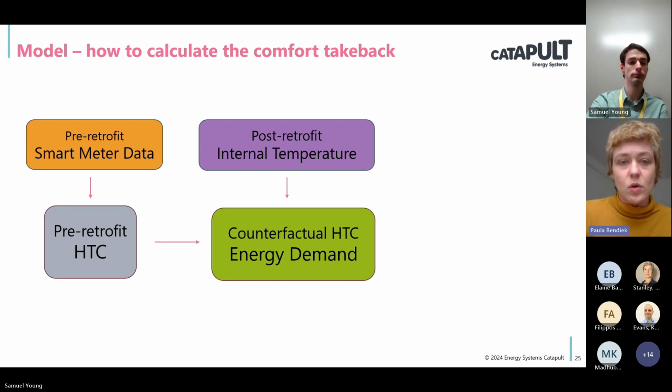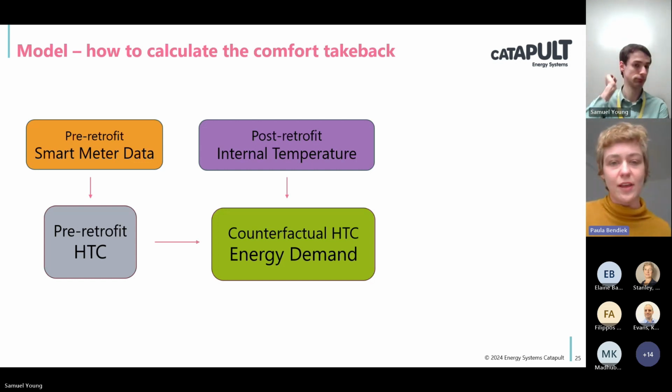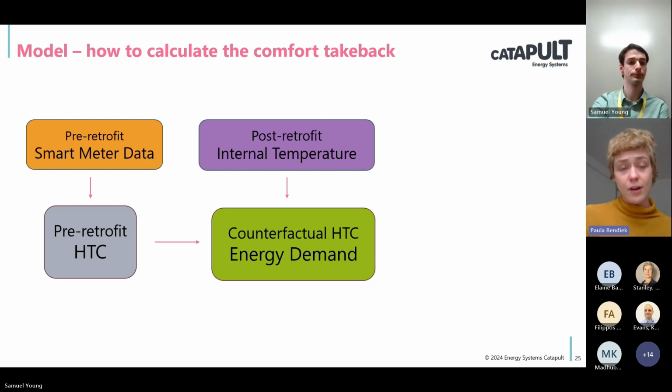And here's how we calculate the counterfactual energy demand for the physics-based methodology. First, we calculate the pre-retrofit HTC for each house only from smart meter data. The HTC is the heat transfer coefficient, which is a thermal assessment of the house. And then I use that HTC and the post-retrofit internal temperature to estimate the counterfactual energy demand.